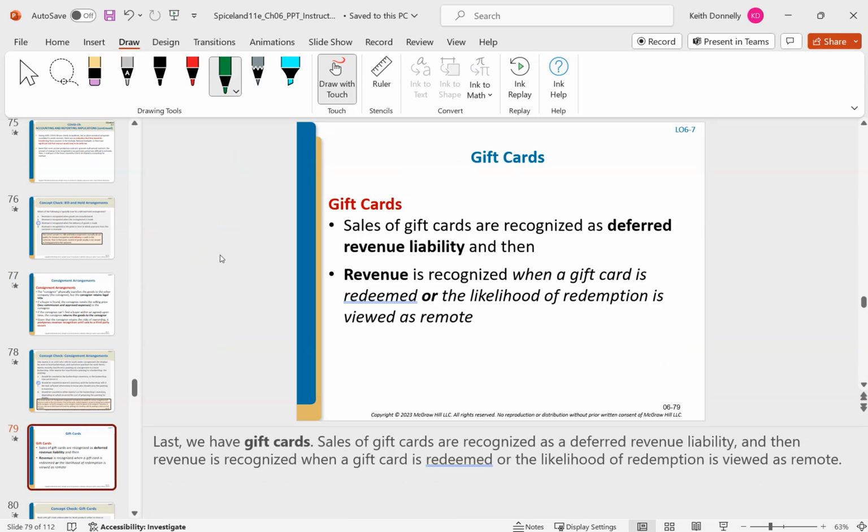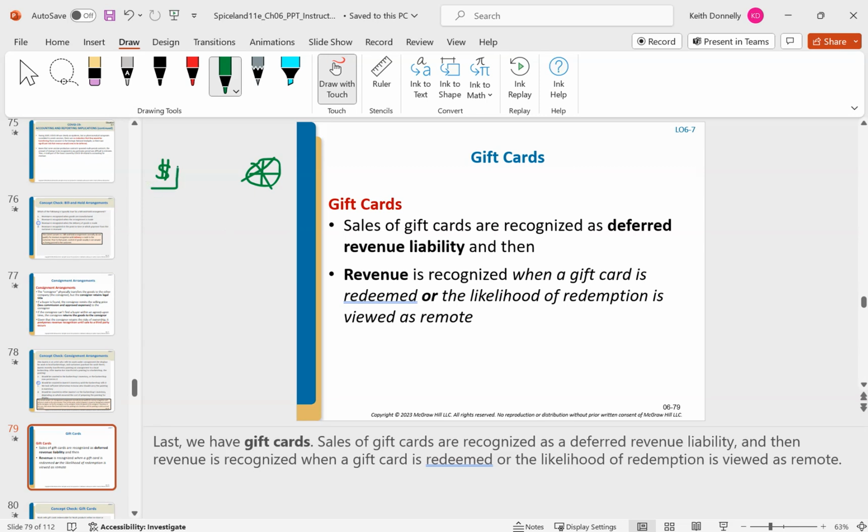All right, let's talk a little bit about gift cards, right? There's a lot of information on it. When we get a gift card, you get the money before you provide the service. Say we're a pizza company, we sell gift cards.